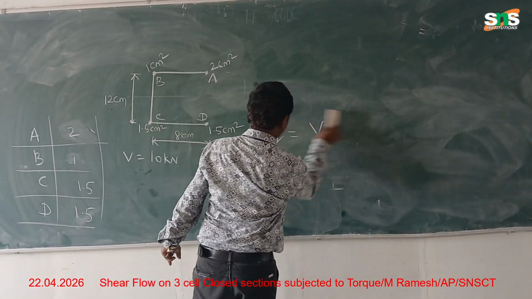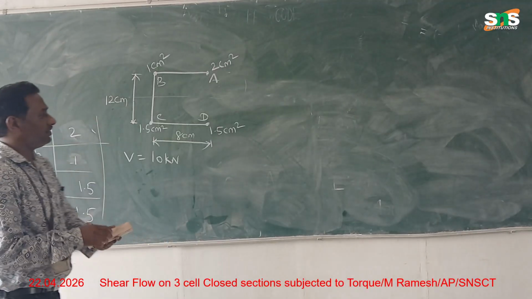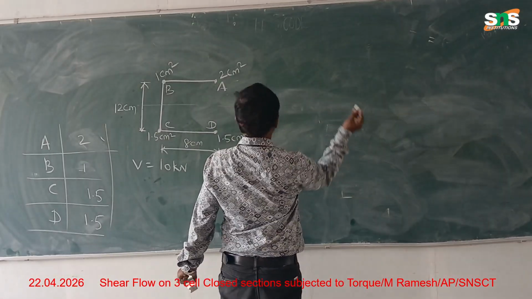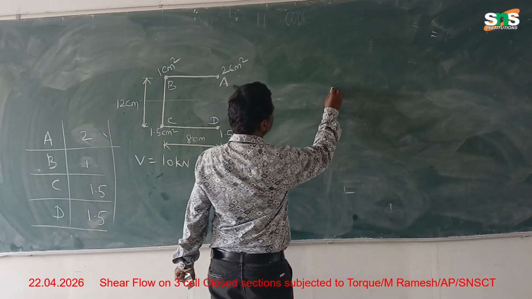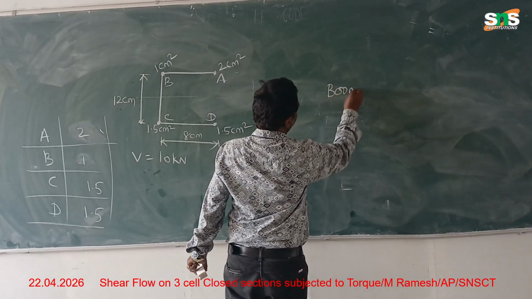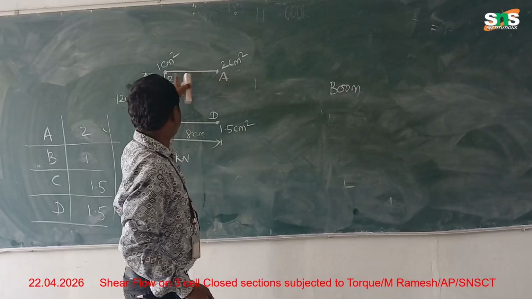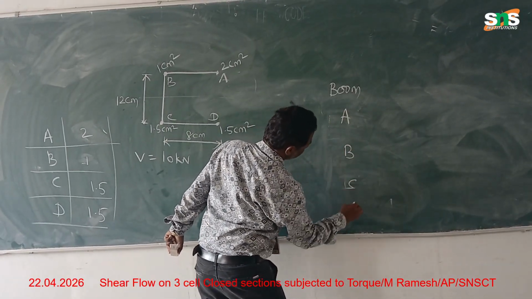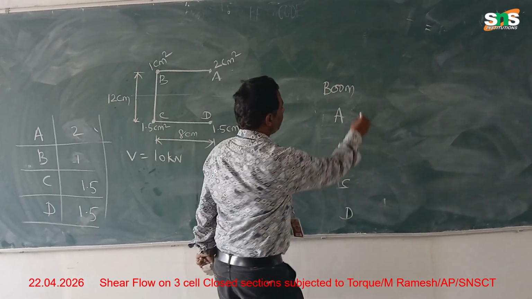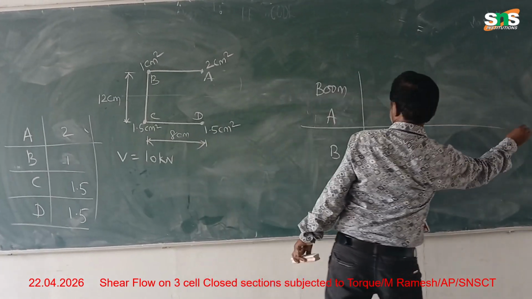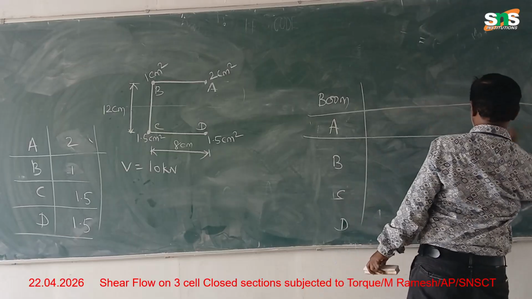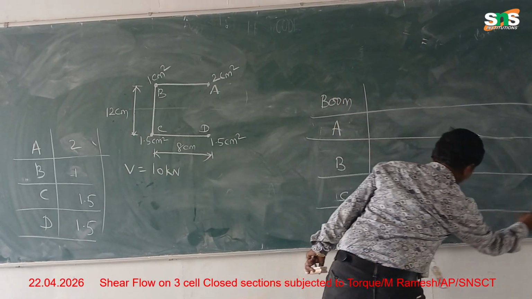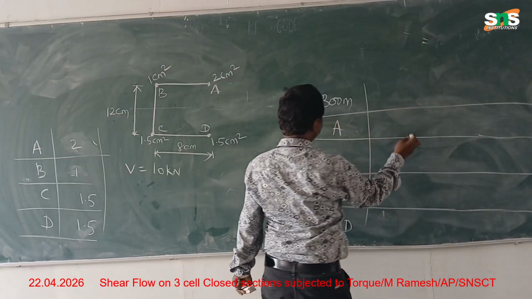So let's have a derivation. Let's have a tabulation. The tabulation is something that let's take boom, that means point A, point B, point C, point D. For that we are having area.